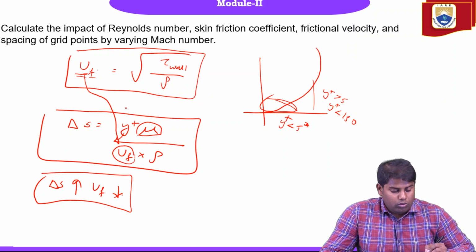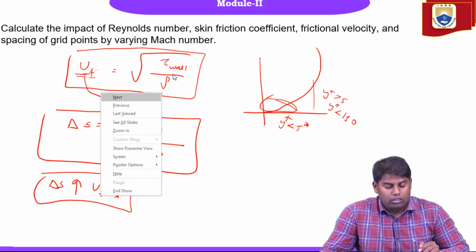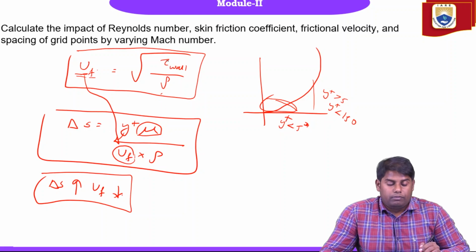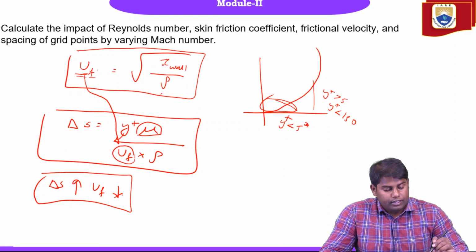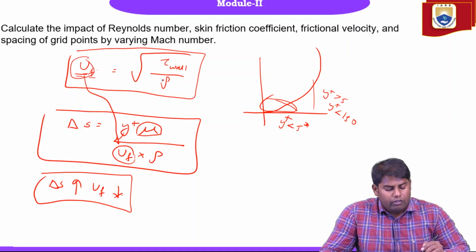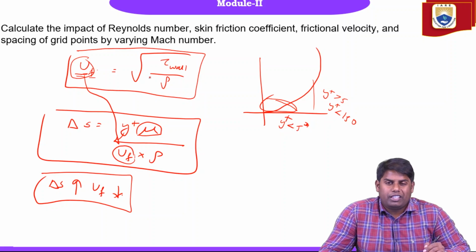Fine. So how do we get a higher uf? If we have low density or high frictional velocity, that is, high friction on the wall. The density parameter will not change that much.